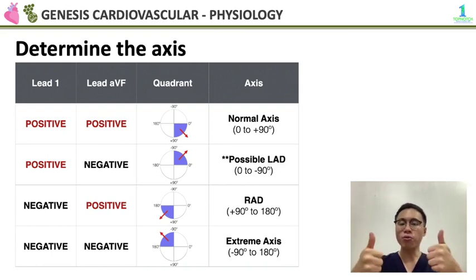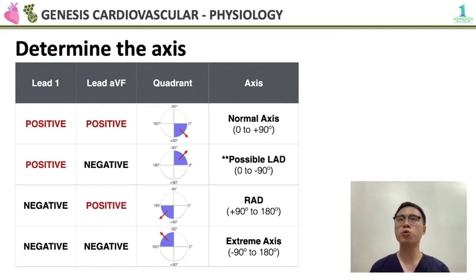If both are positive, yung left na kamay ninyo, that's lead 1. Yung right na kamay ninyo is the AVF. Tandaan nyo. Lead 1 left, right is the AVF. If, for example, both are looking up sa ECG, yung QRS pataas. So, thumbs up, both positive, normal axis. Good.